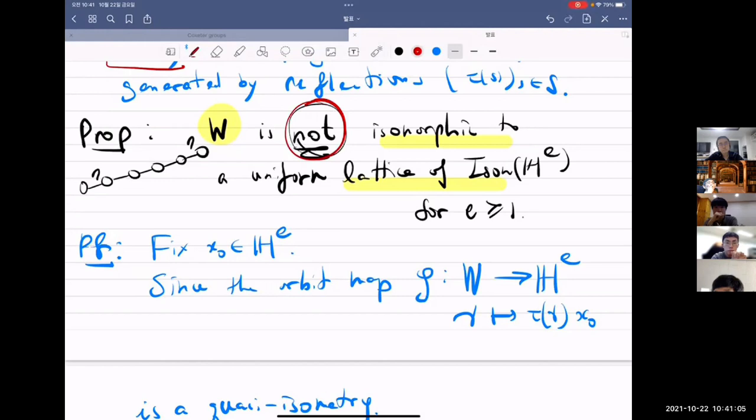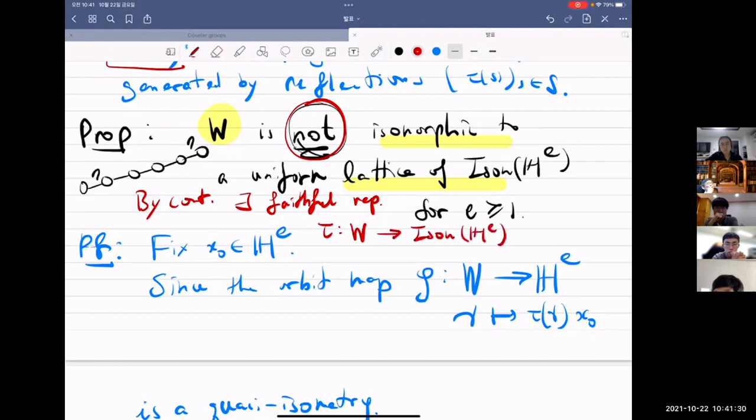I said that W is not isomorphic to a uniform lattice, so let's assume by contradiction, I should have said this first. By contradiction, there exists a faithful representation tau from W to the isometry group of H^n, whose image is a uniform lattice.